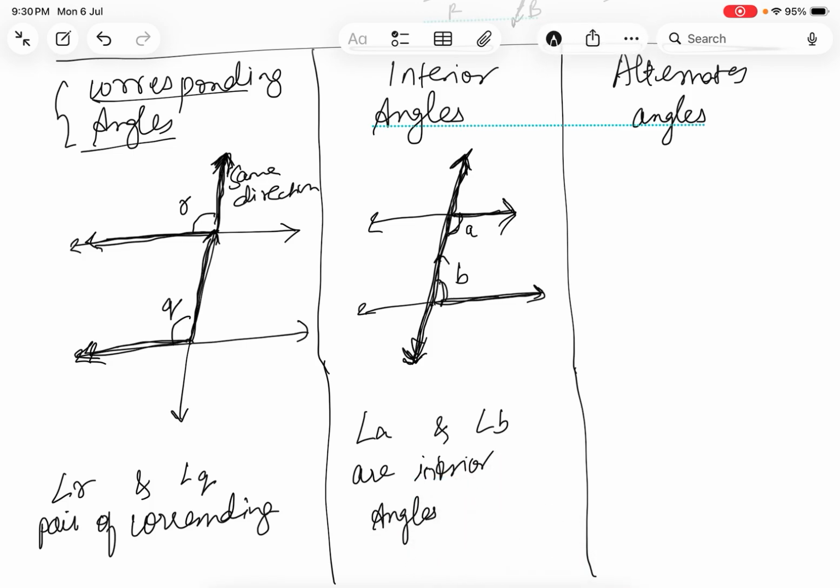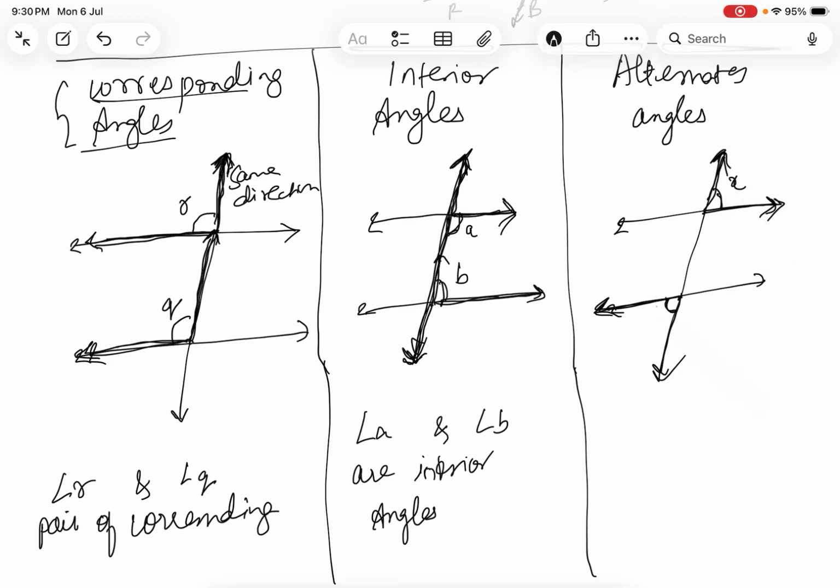Okay, now come to alternate angles. So again we draw two lines and a transversal. In alternate angles, the criterion is that one arm will always be on the opposite side of the transversal, and the other arm will also be facing the opposite direction. So this forms alternate angles.